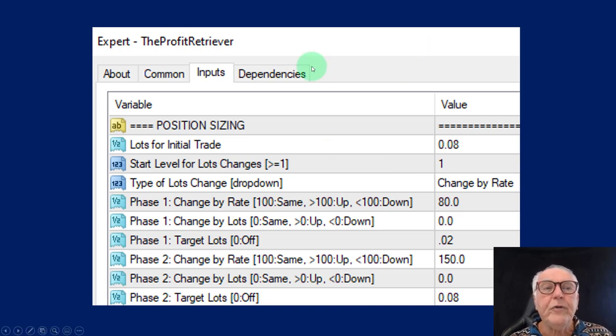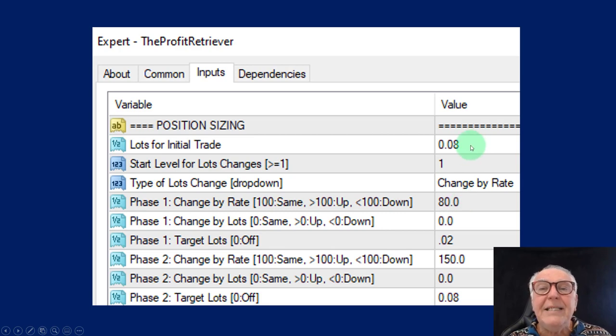So on your screen again is the position sizing element of the Profit Retriever, and what it is basically saying is I'm going to start the first deal that I trade with 0.08 lots. That's great. Then I'm going to change the size by 80%.